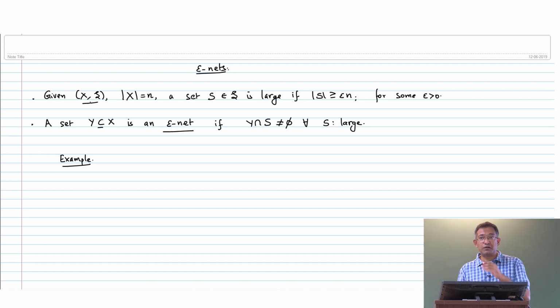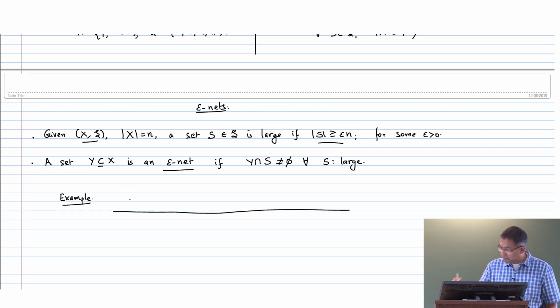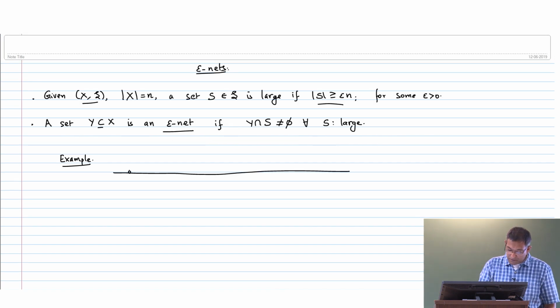These definitions also work for infinite set systems, in which case you only want to hit all sets whose measure is at least something. But let's just work with finite set systems. All of these results will extend to that setting. So let's look at points on a line.